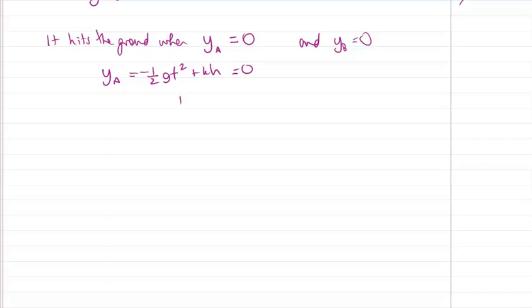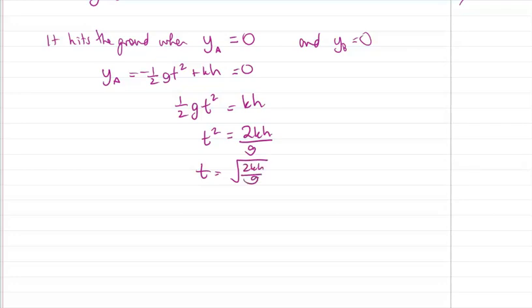So I've got a half gt squared equals kh, t squared equals 2kh over g. So T must be the square root of that.